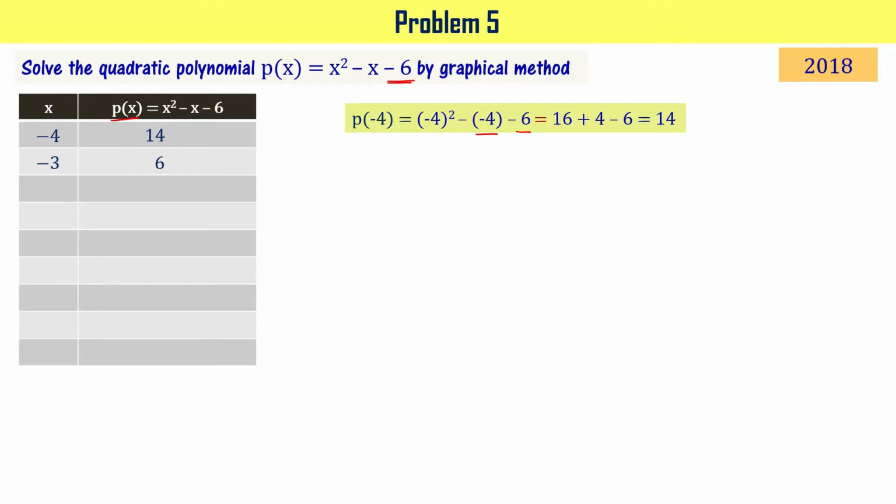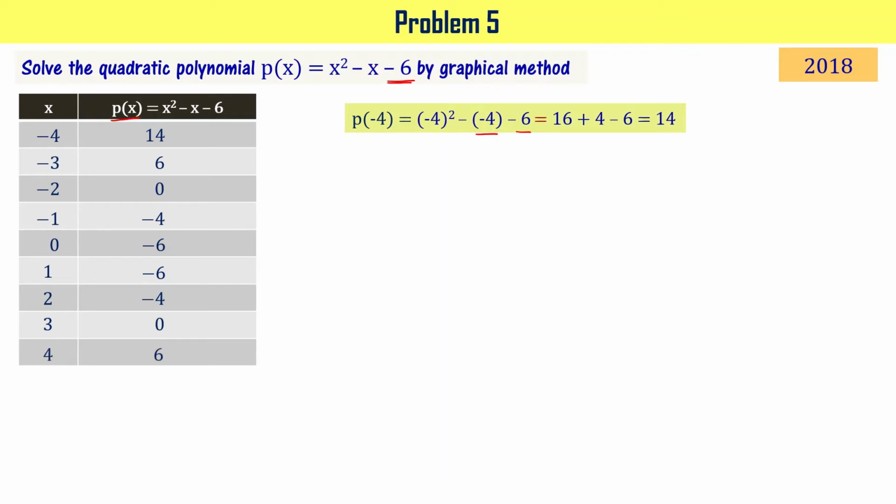You can verify that. P of minus 2 is 0. P of minus 1 is minus 4. And P of 0 is minus 6. P of 1 is minus 6. P of 2 is minus 4. P of 3 is 0. And P of 4 is 6.